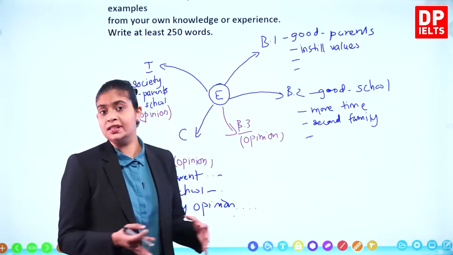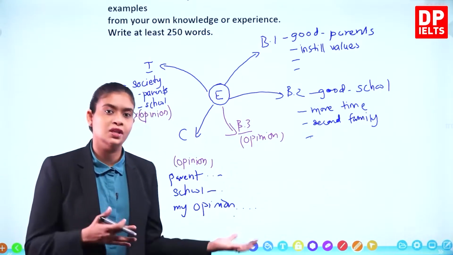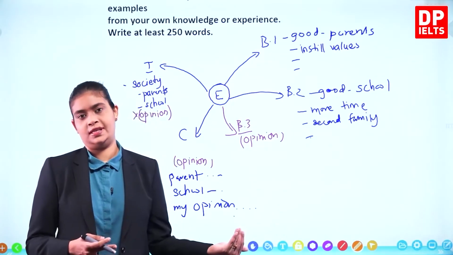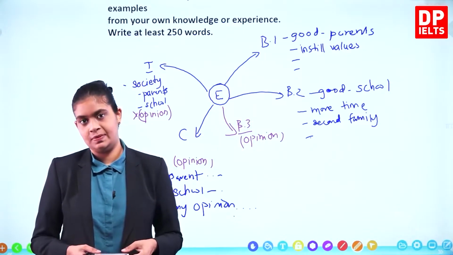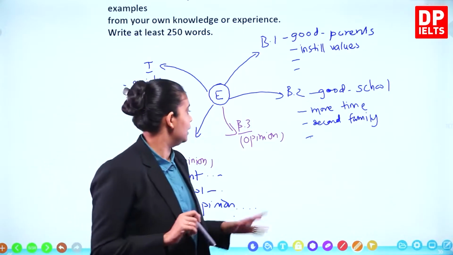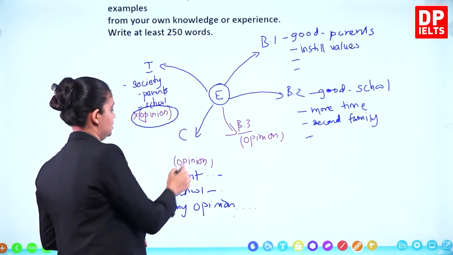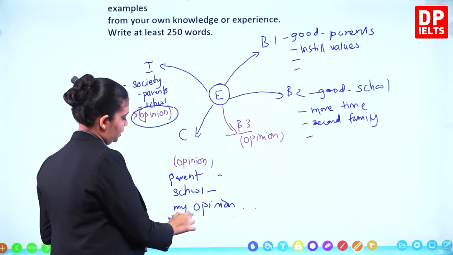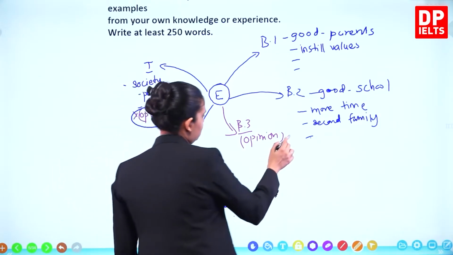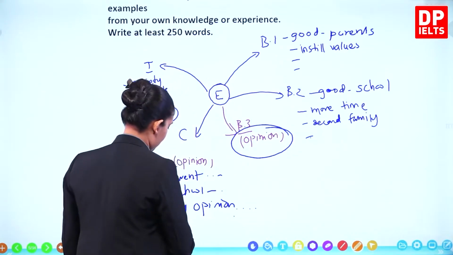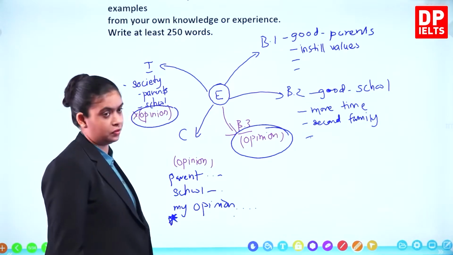So you can take 50-50 or you can take either one and say, no, I think school is responsible, or you can say, no, I think that the parents are completely responsible. That is also okay. Now, just to remind you, if you put your opinion here, still you must remind the reader your opinion in the conclusion. And if you put it here still, you must then again remind the reader your opinion. It's very, very important.